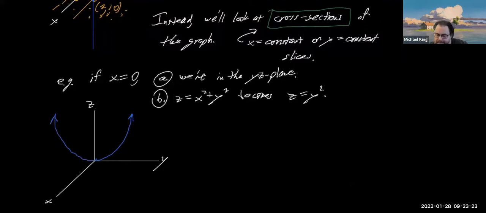It's in this little plane right here. We've got that slice, this parabola living in the graph. Does that make sense to everyone? So that's part of the graph. We've got to do this for a bunch of different slices, but that's part of the graph.